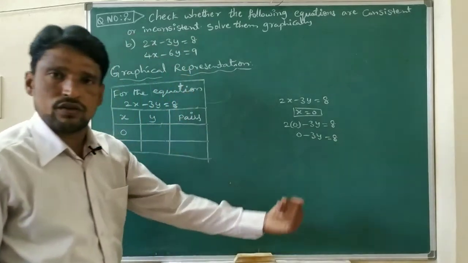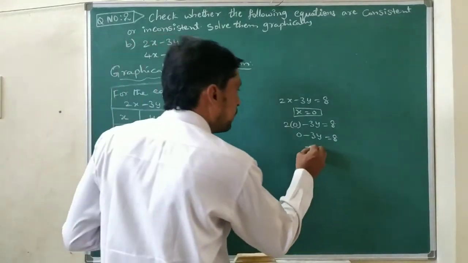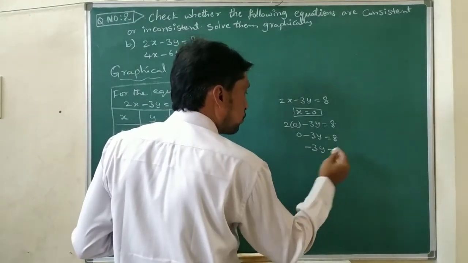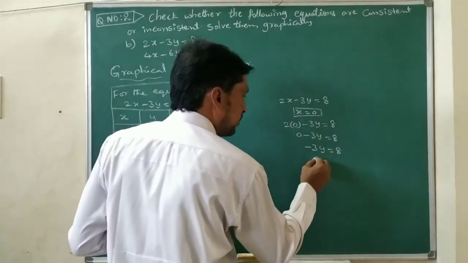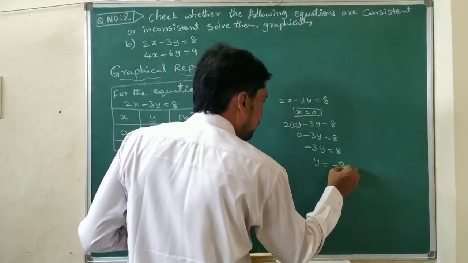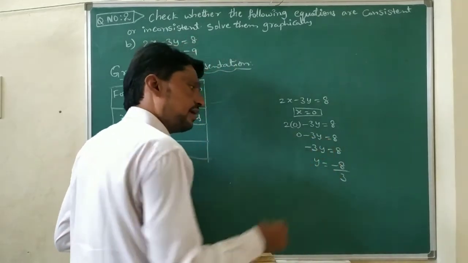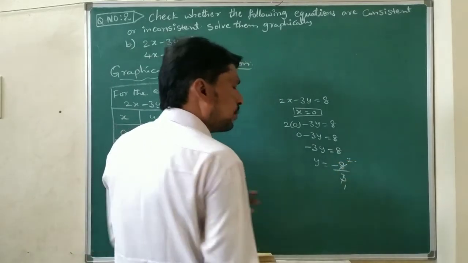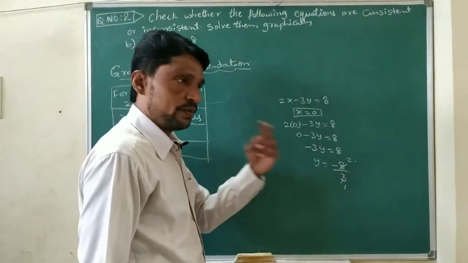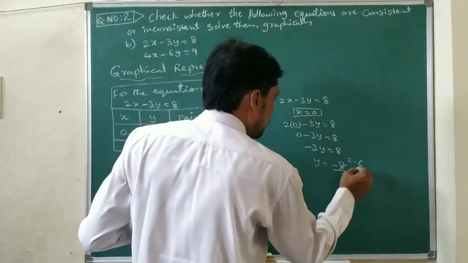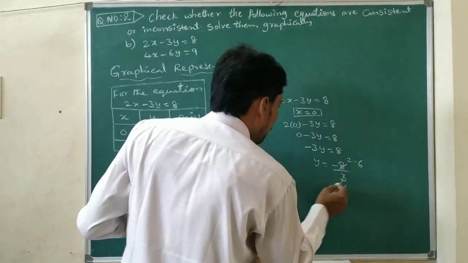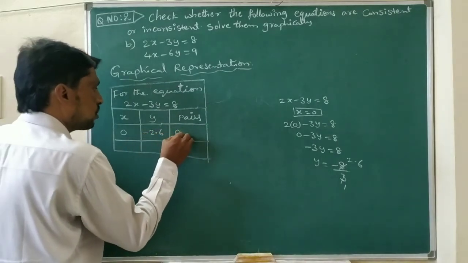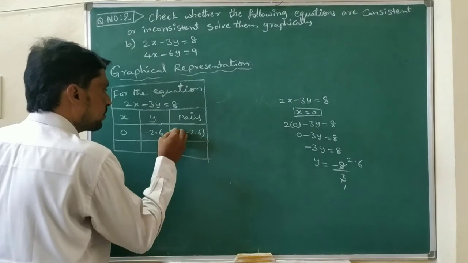We transpose the minus 3 here, and into becomes divide. So y equals minus 8 by 3, or 8 by minus 3. Three 2s are 6, 2 remained, point 20, three sixes are 18. So the y value we got is about minus 2.6, and the pair is 0 comma minus 2.6.